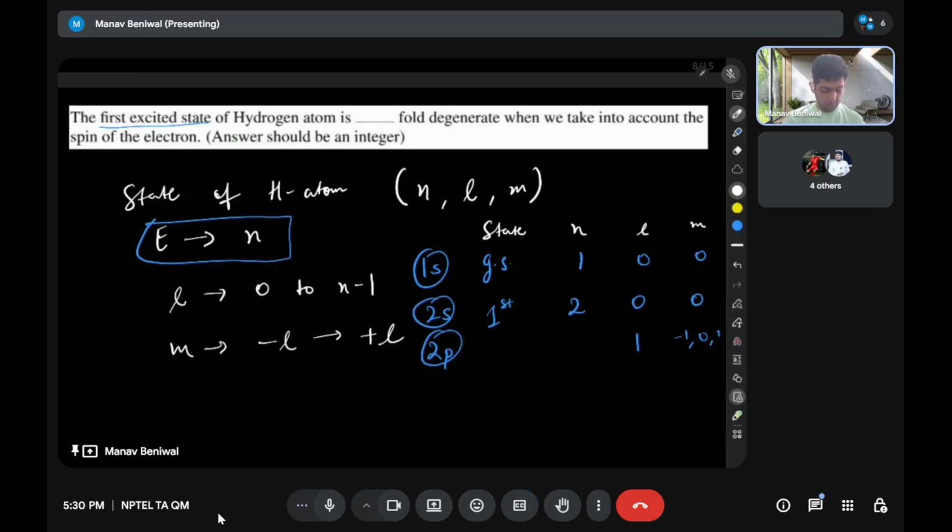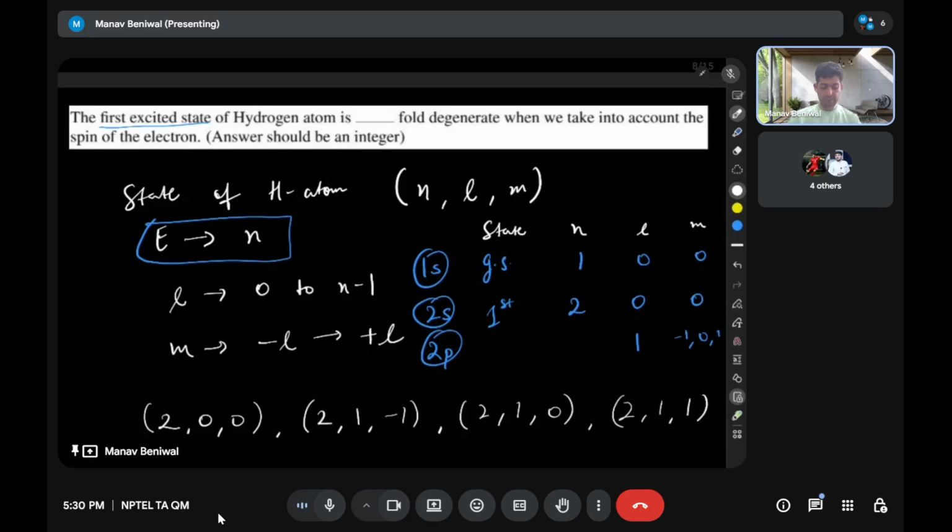So n is always 2. First state: l is 0, m is 0. Second state: 2, 1, minus 1. Then 2, 1, 0, and 2, 1, plus 1. So these are the 4 states.